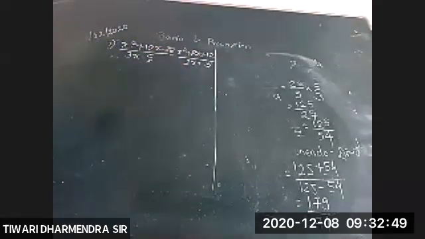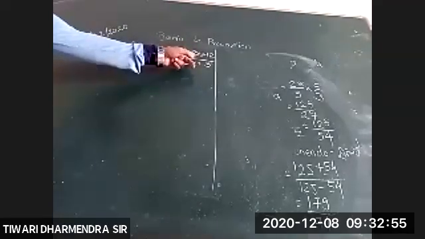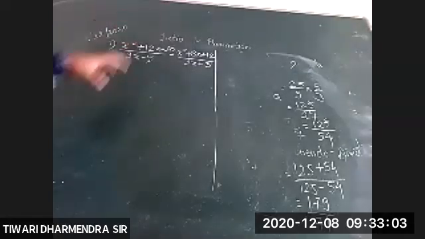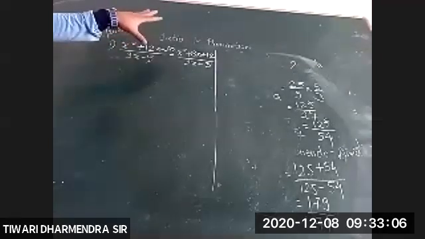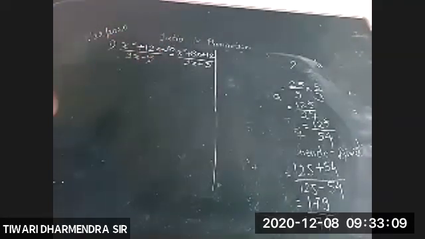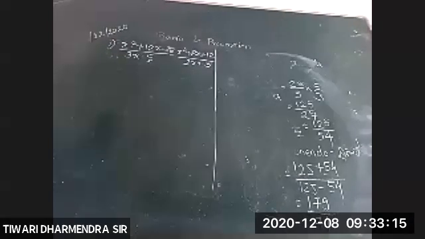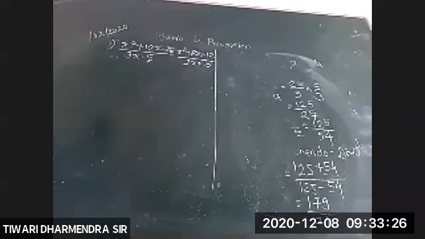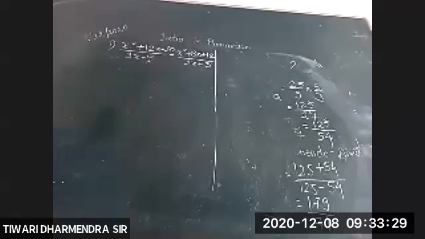And here also, if we multiply 2x plus 3 by 4, we get 8x plus 12. As we are getting the same terms as in the numerator, we can create the same term in the denominator and get rid of it by applying componendo or dividendo as per requirement. If they are positive, we can apply negative, that is dividendo. If they are negative, we can apply positive, that is componendo.